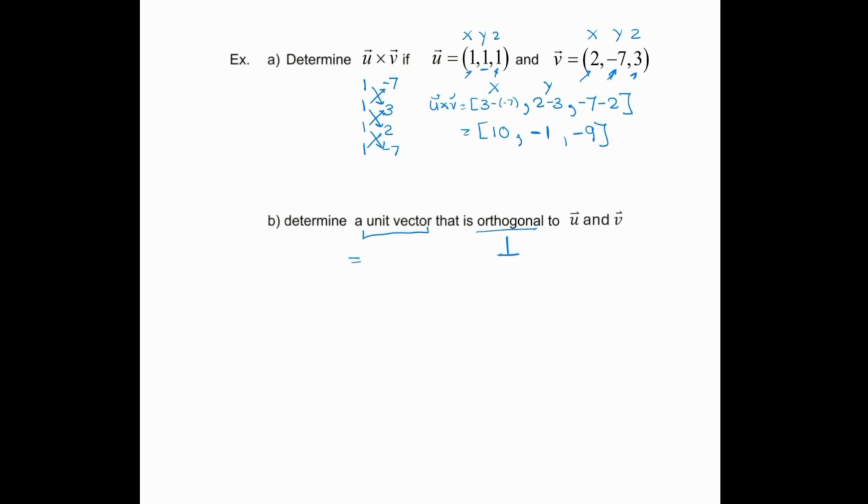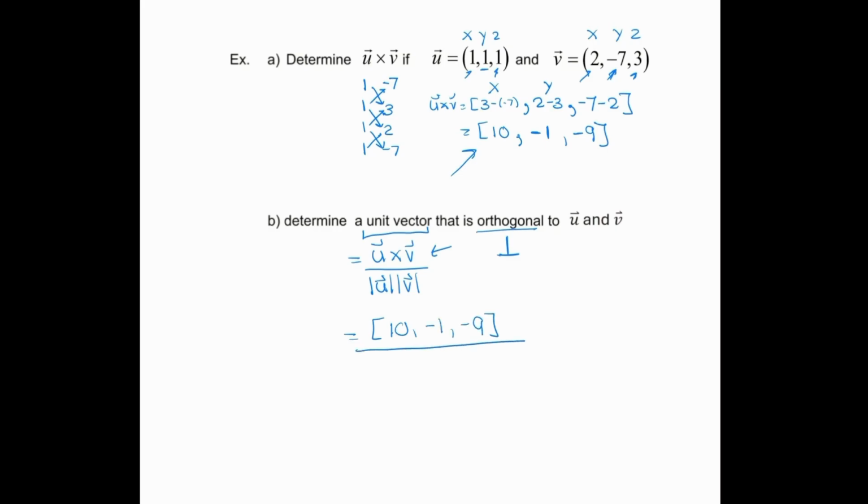So if I have u cross v, and I want to find the unit vector for that, I'm going to divide it by the magnitude of u times the magnitude of v. Well, we already know u cross v because we just figured it out up here. So we have 10, negative 1, negative 9.